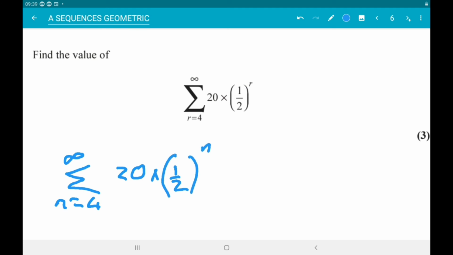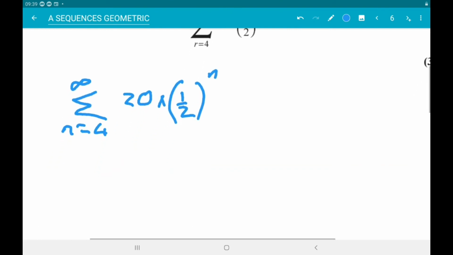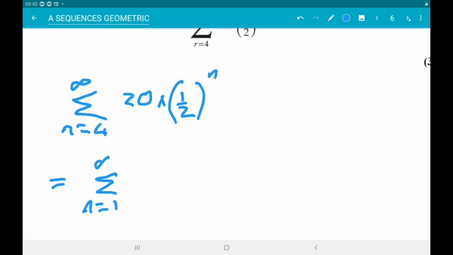Alright, so that is the sum to infinity, so from n is 1 to infinity, minus the first 3 terms.